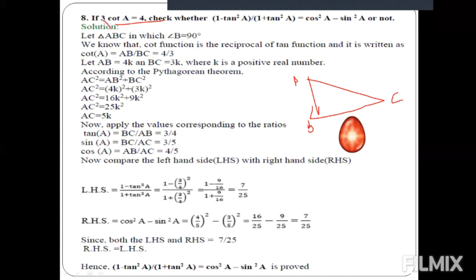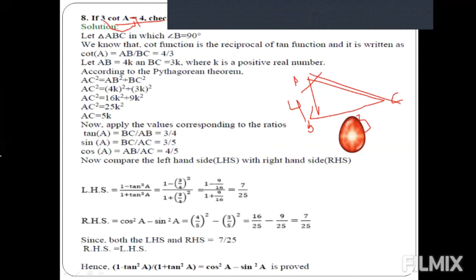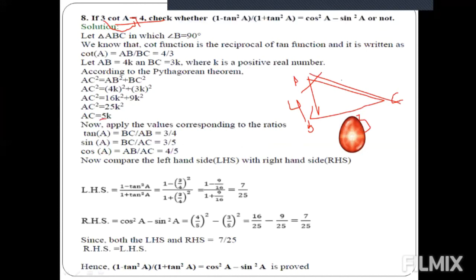So take 3 to the right side, cot A will be 4 by 3. So 4 is the adjacent side from A, and 3 is the opposite side. So BC is 3, AB is 4, and we need to find AC. Hypotenuse is 5. By using Pythagoras theorem, we found it is 5.